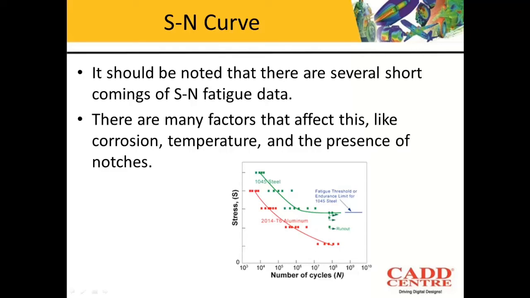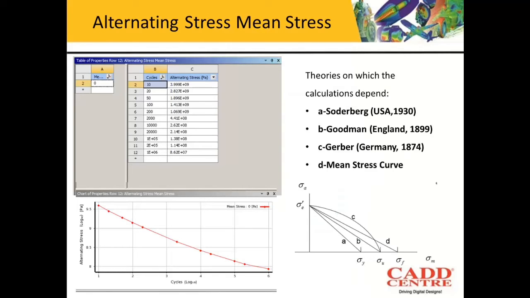Now when you talk about the SN curve, there are different theories on which the calculations of the SN curve depend. You can see this graph over here first, with different curves A, B, C, and D. The A plot is a plot of the SN curve done using the Soderberg theory.